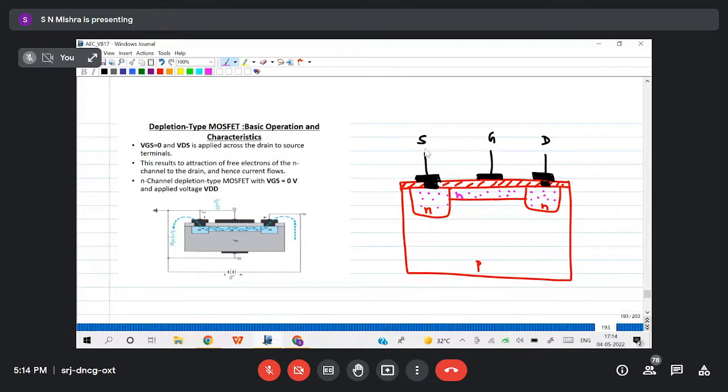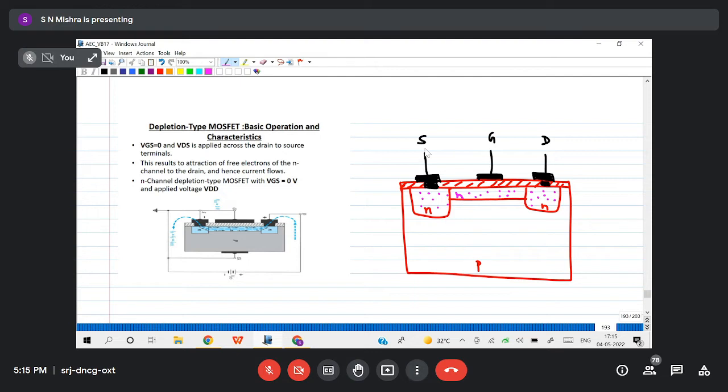What is my objective? Like in a transistor or BJT, I want to transfer the carriers from emitter to collector, and through the base I'm controlling how much charge is transferring. Similarly in JFET, I want to transfer the carriers from source to drain, and through the gate to source voltage I'm controlling how many carriers are moving from source to drain.